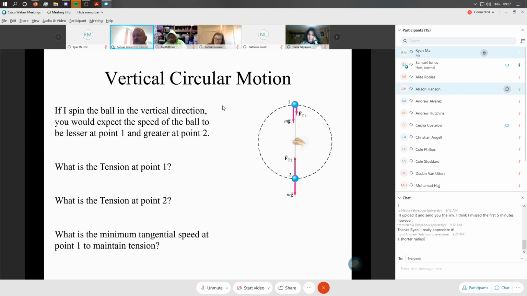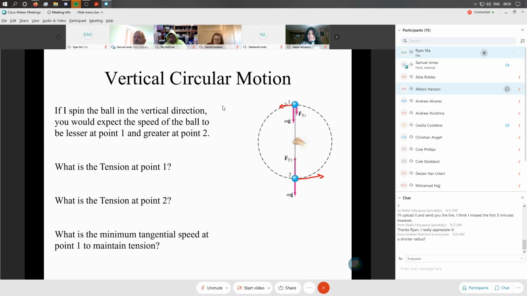That means the tangential velocity at the bottom will be greater than the tangential velocity at the top. So this is an example of non-uniform circular motion. Without going into all the details, the reason it's non-uniform is the effect of gravity causing it to slow down as it goes upwards and speed up as it comes downwards.